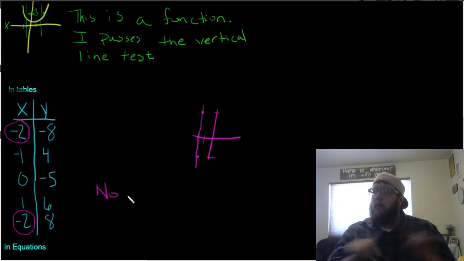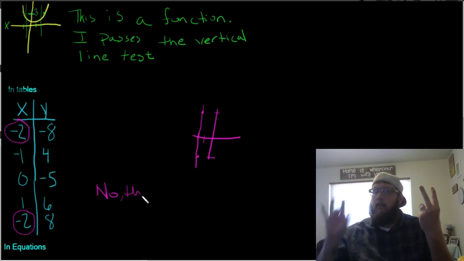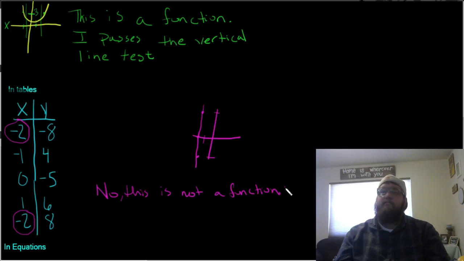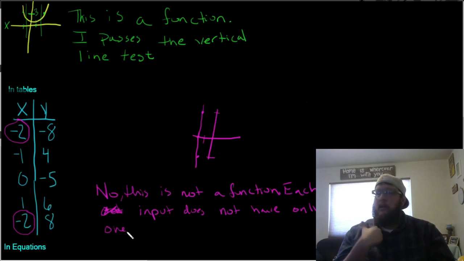So no, this is not a function, because each input does not have only one output. Most of them do, but negative 2 did not, so therefore this is not a function.